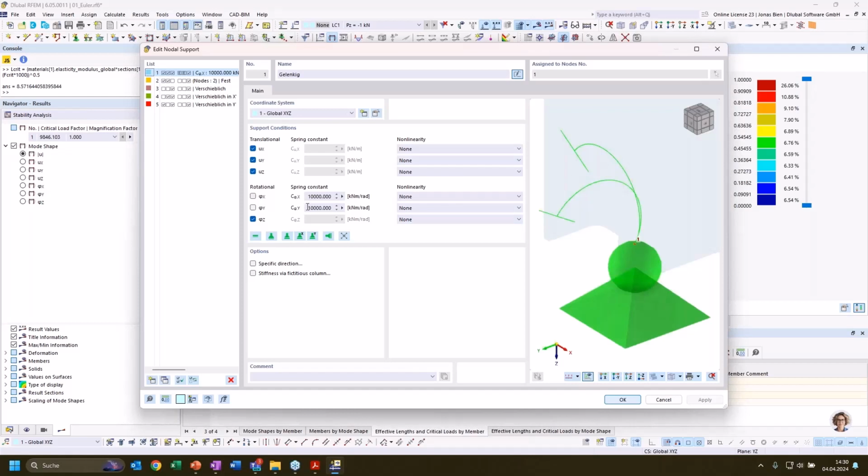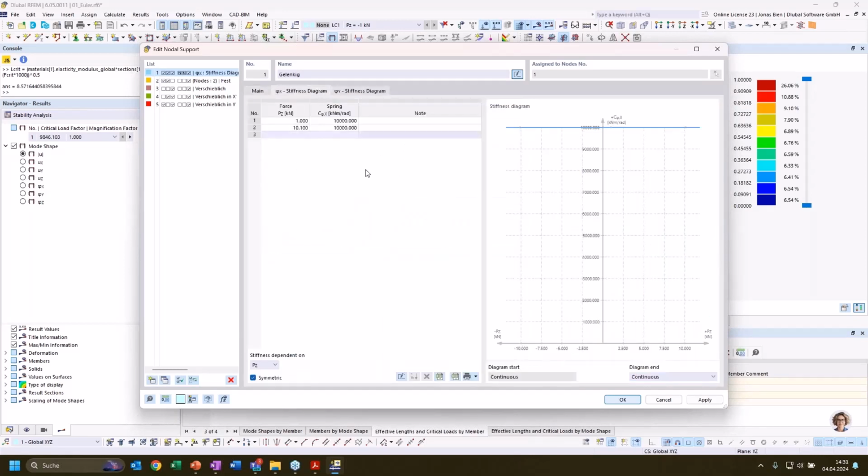For example, if I apply some kind of nonlinear boundary condition, which at first glance doesn't look that nonlinear: I want to apply a stiffness diagram where the stiffness of the spring at the column bottom is related to the vertical load, but as you can see, it should be constant. No matter what the vertical load in the column is, the spring constant should always be constant.